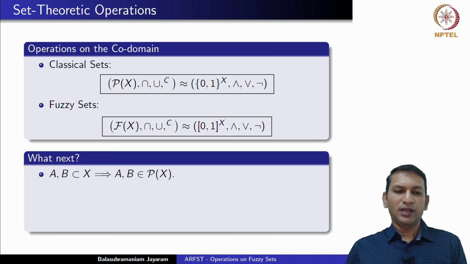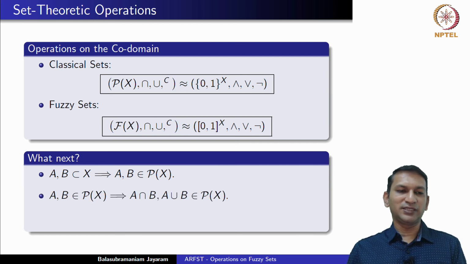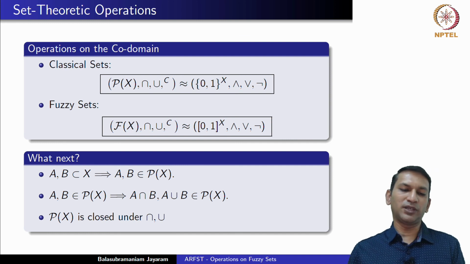Now, let's take the classical sets A and B, subsets of X. We know that they are also elements of P(X). Now, as elements of P(X), if you apply the conjunction or the disjunction operation, we see that once again we get subsets of X, and that means they actually become elements of P(X). This essentially means that P(X) is closed under this binary operation, conjunction or disjunction.